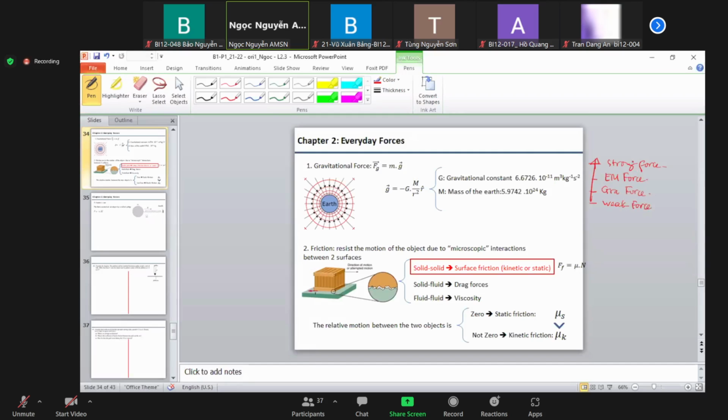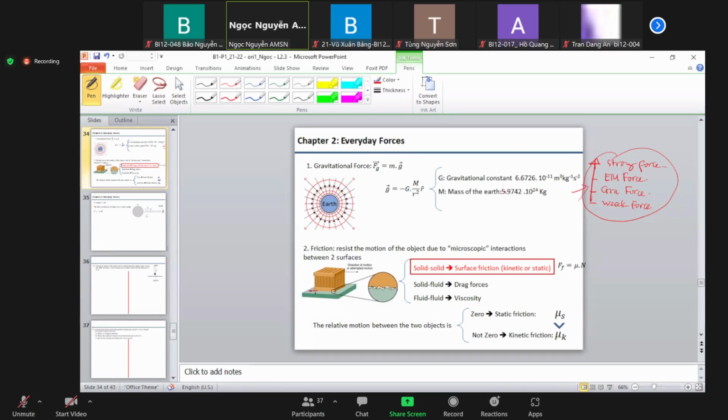We only have 4 kinds of forces like this. But in Physics 1, the way we call them is a little bit different, but the origin is just one of them.